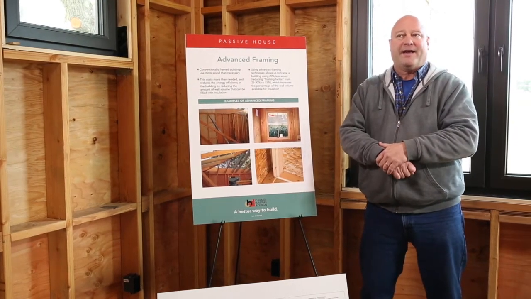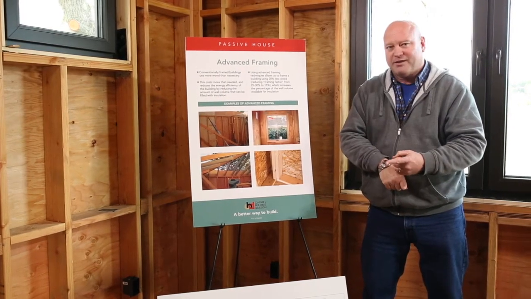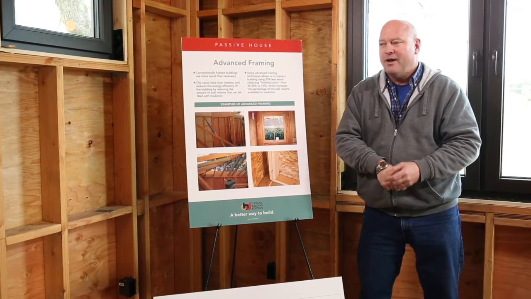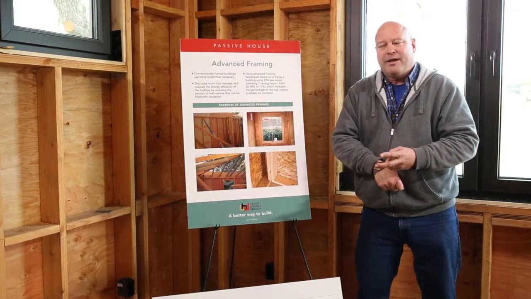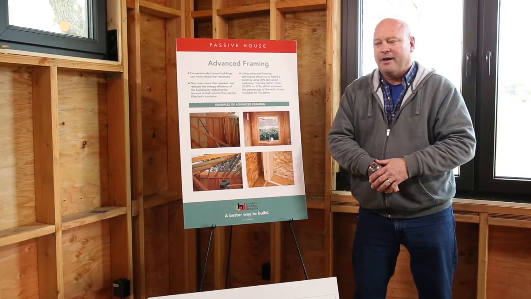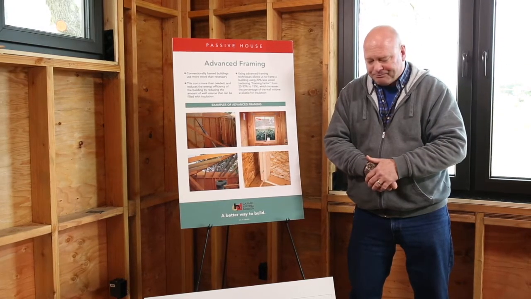The reason we're doing that is because we're trying to create the conditions, number one, where there's less framing and consequently more room for insulation, and number two, in areas where in the past we might have created voids that can't be insulated, we want to get rid of all those.